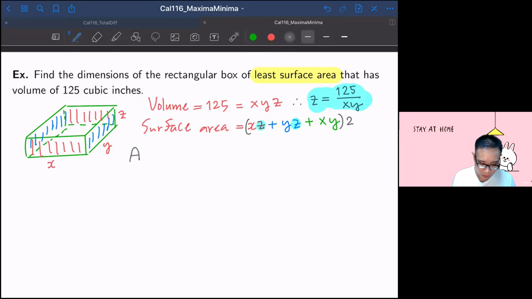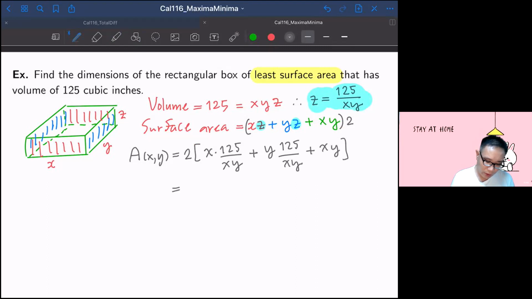So the surface area A(x,y) will be given by 2, and you have xz, so it's x times 125 over xy, plus yz, which is y times 125 over xy, and plus xy.